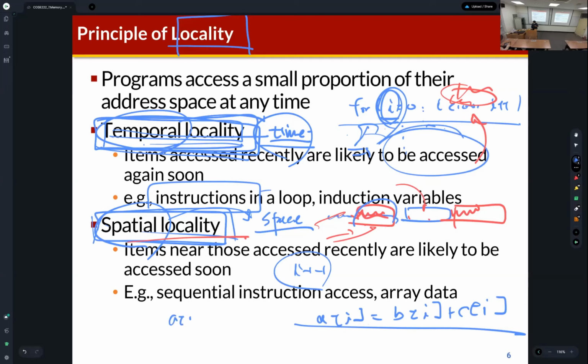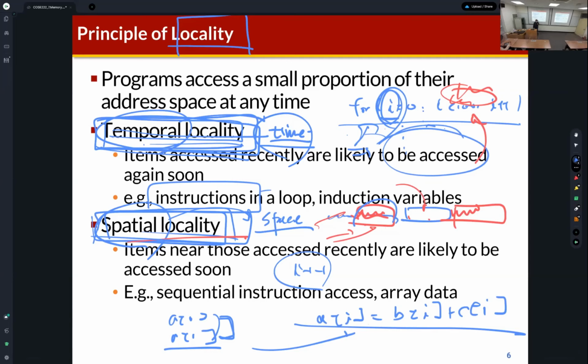Firstly A[0] is accessed, and then A[1] will be accessed in the iterative loop, right? If we use array data, we will use the whole elements in this array, accessed from 0, 1, 2, 3, something like that. So neighbor data like A[0], A[1], and A[2] will be accessed in the near future. This is called spatial locality.